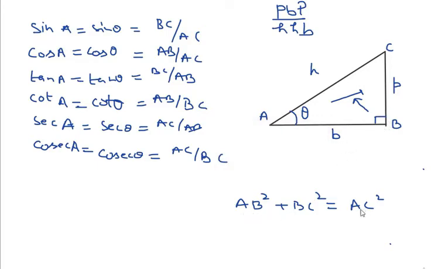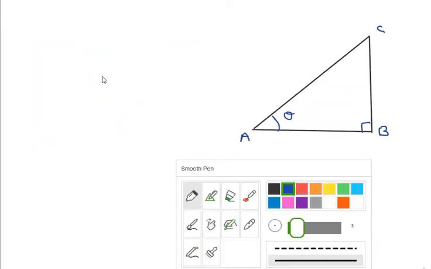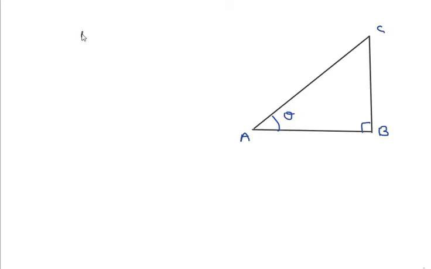So the hypotenuse square is equal to the sum of the squares of the remaining two sides. This is called Pythagoras triplet in a right angle triangle. So we have AB square plus BC square is equal to AC square.